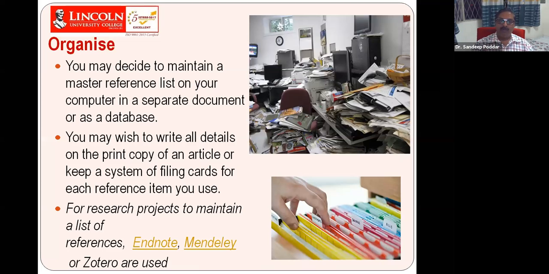Now for this, we have software: EndNote, Mendeley, etc. Previously, as Madam was telling, during our time there was no referencing software. There was no Google either. We had to go to the university, Bose Institute, or the Calcutta University Science Library, where there were thick books.